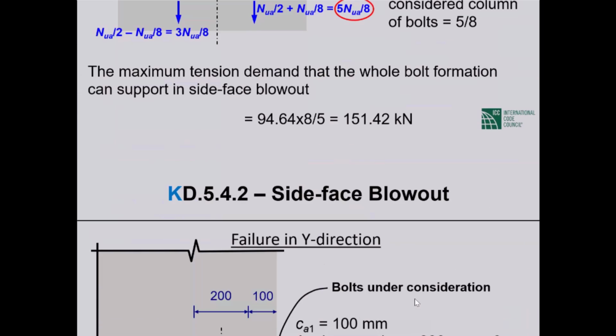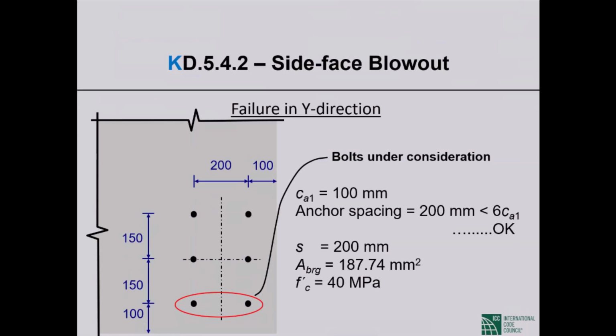Then the 2 anchors at the bottom. Now this page, I discovered actually this morning our time, not too long ago, was messed up. The red circle in your handout is here. It should be here. Please correct that. We are considering those 2 anchors. Those are the ones that will break out, not the middle ones.